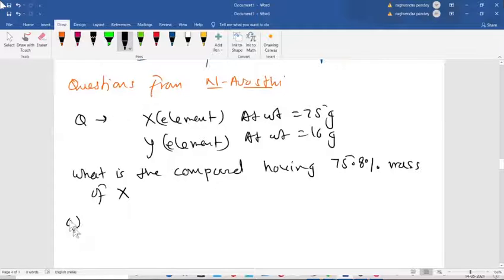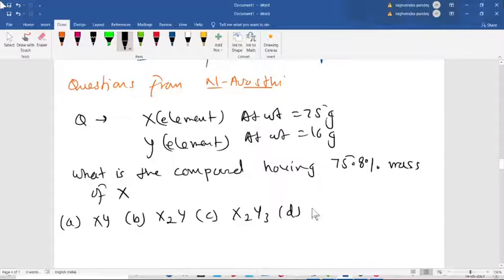And there are options also. First option is XY, second option is X2Y, third option is X2Y3, and D is X2Y2. So these are the options. Okay, try to solve this one.